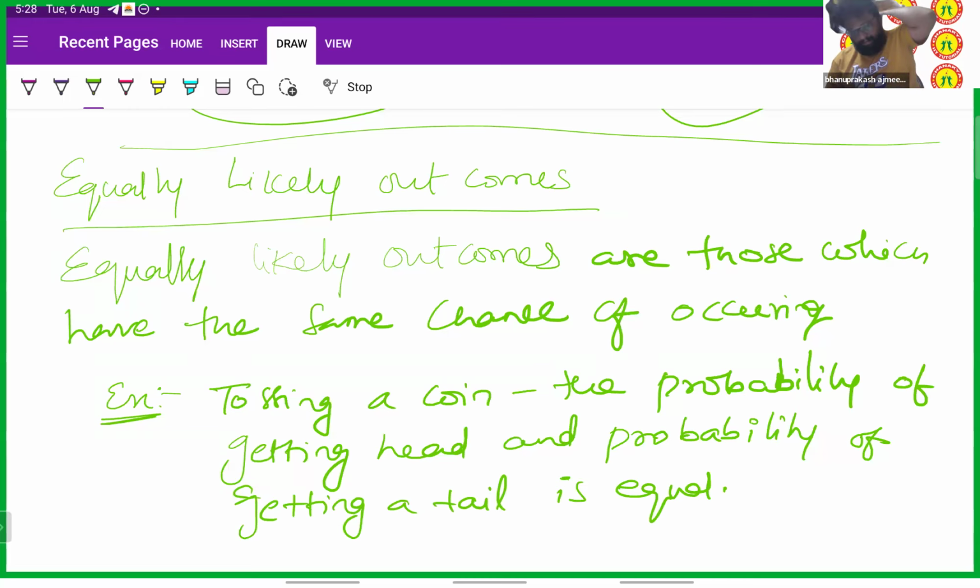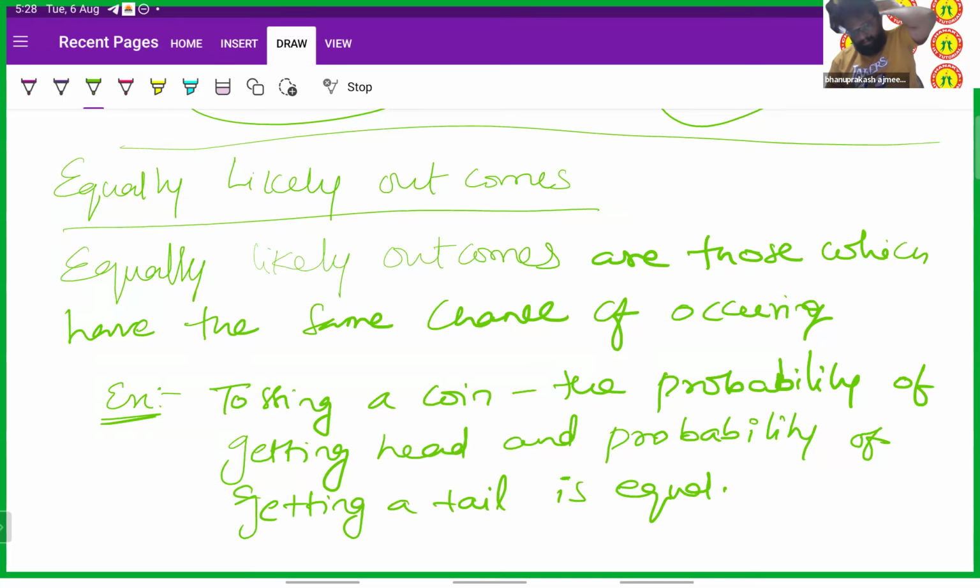So tossing a coin. If you toss a coin, I already told you what the outcome will be. It either may be head or it may be tail. So equally likely outcomes means we are expecting either a head or a tail.